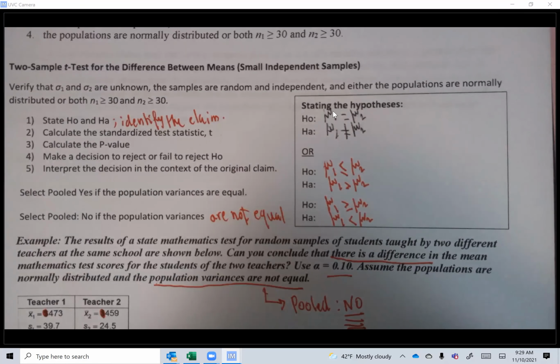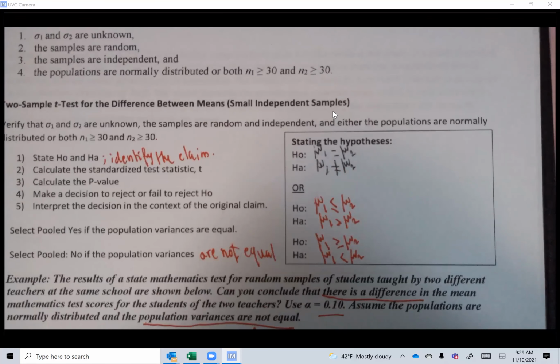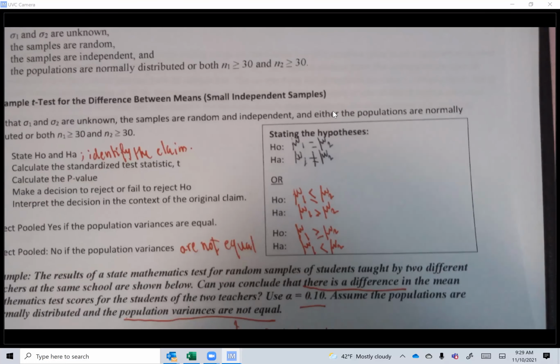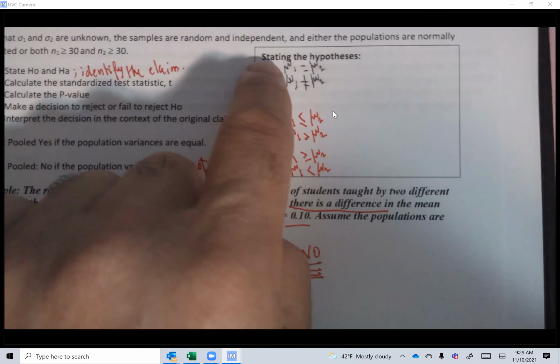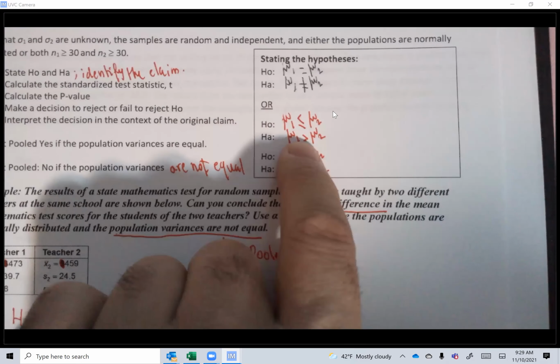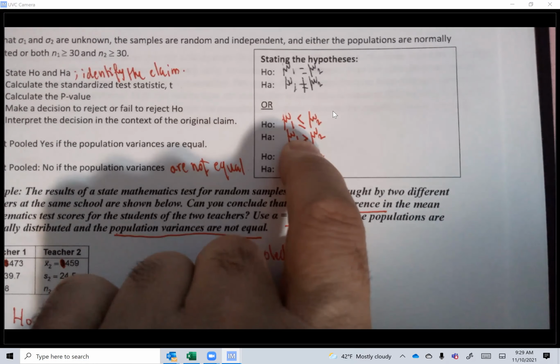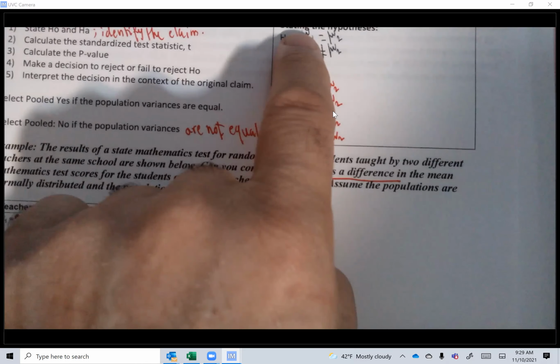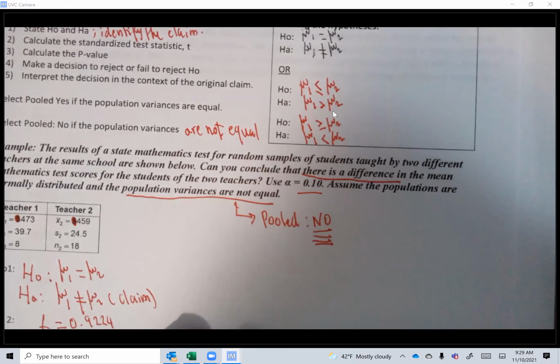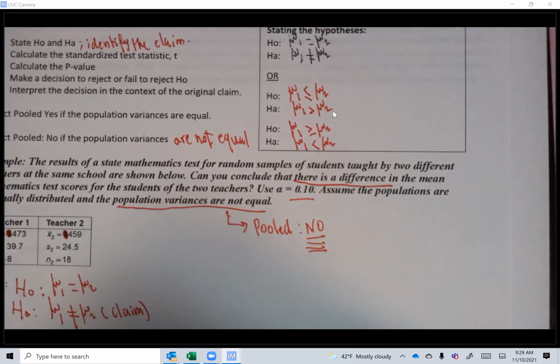The claim says that their range is greater than that of their competitor. So would it be? Second one. I agree, because it says greater. If it's still not clear to you guys, please ask me, because that's very important to understand. All you need, guys, put it in front of you and select one. You don't need to reinvent anything. Just select one of those.